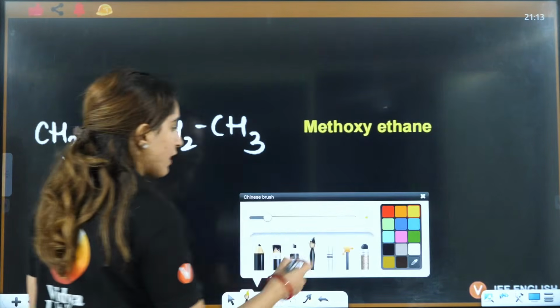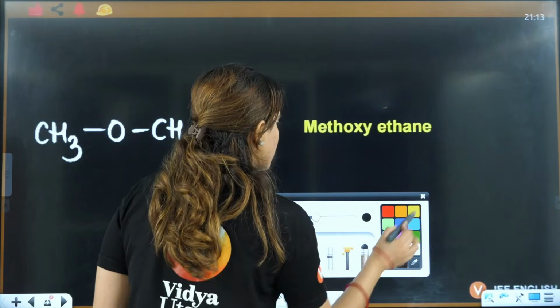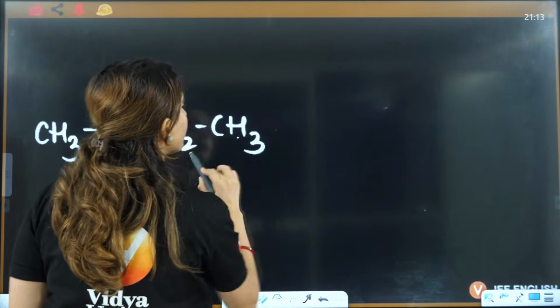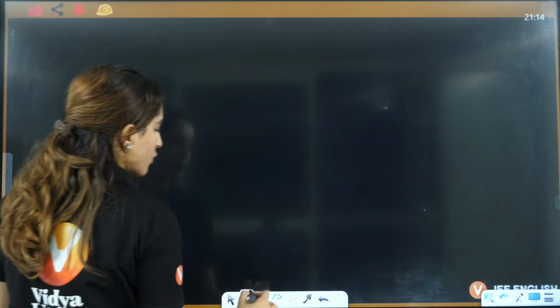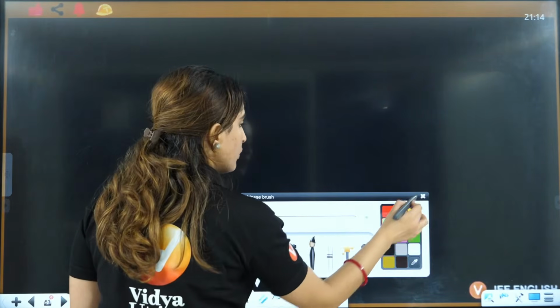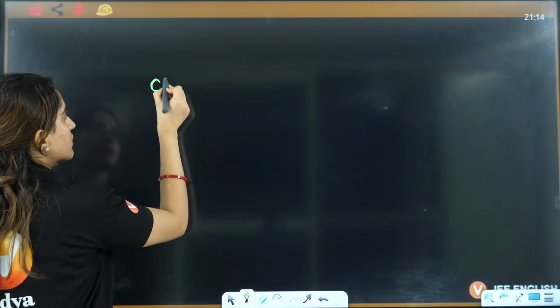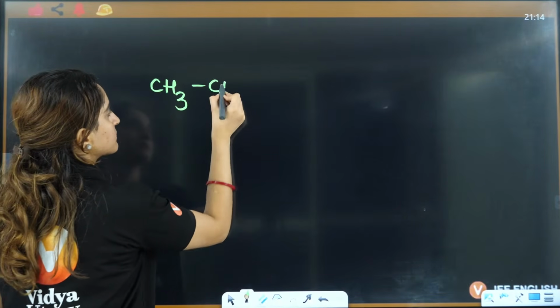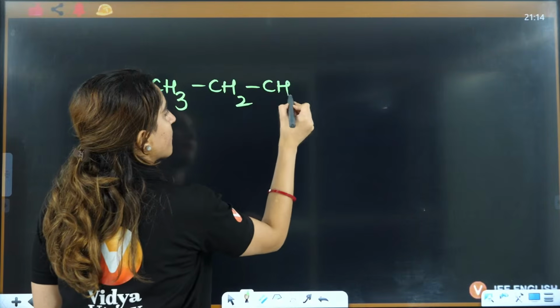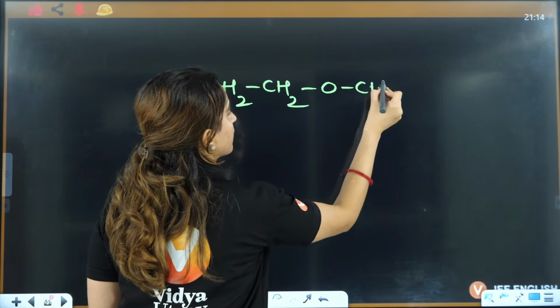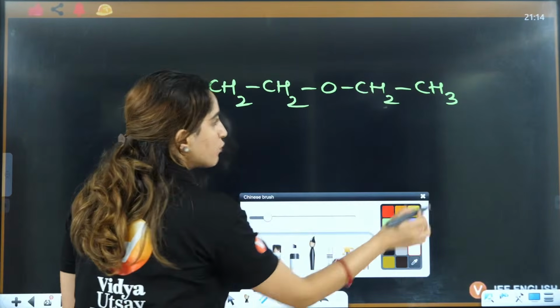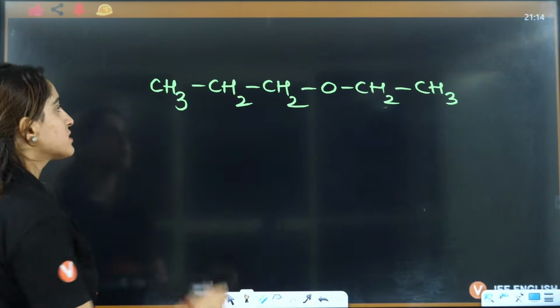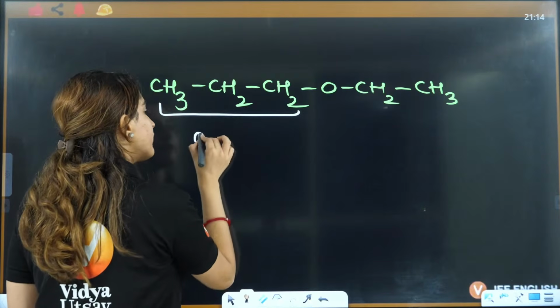Shall I give you one more compound to answer here? If you have this, now what will be the answer? The one with more carbons will be alkane.